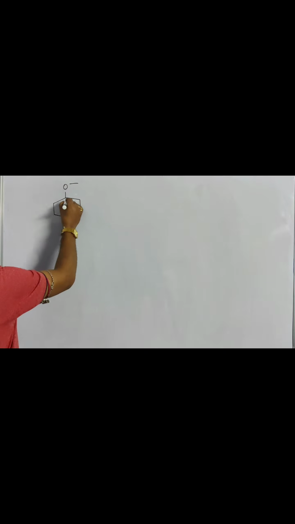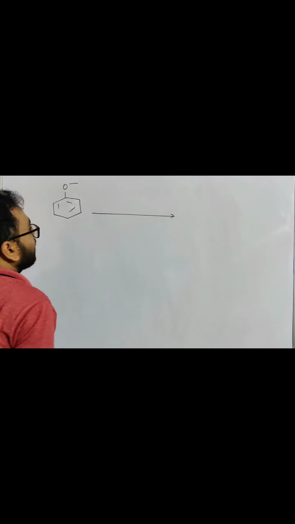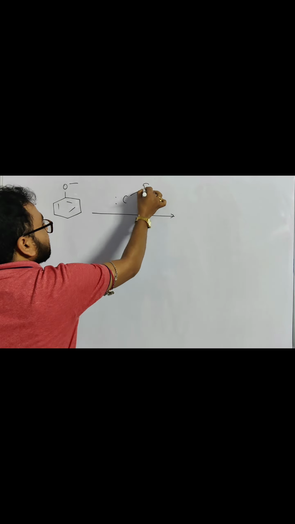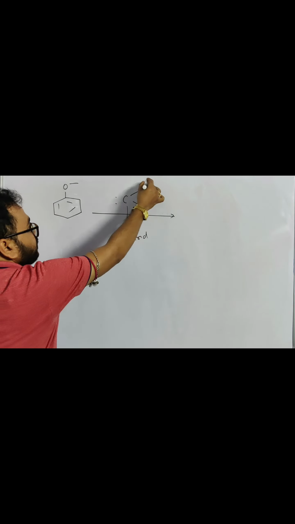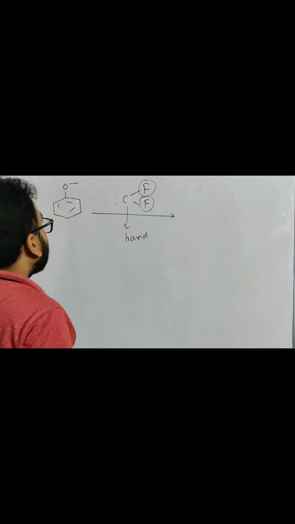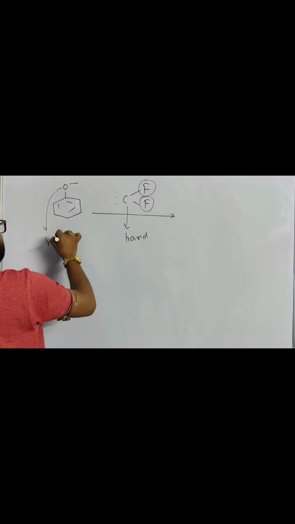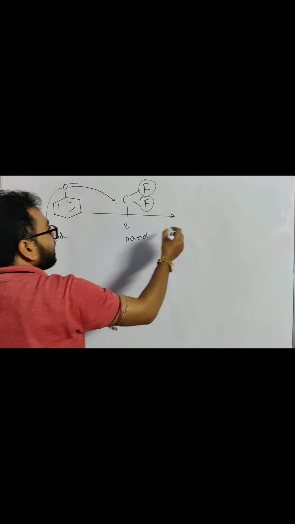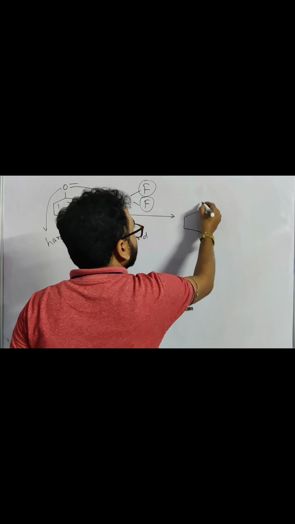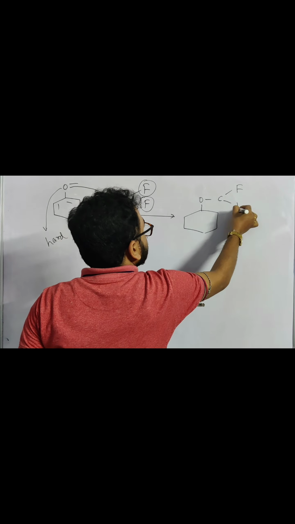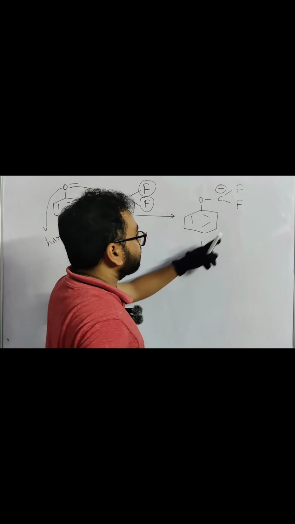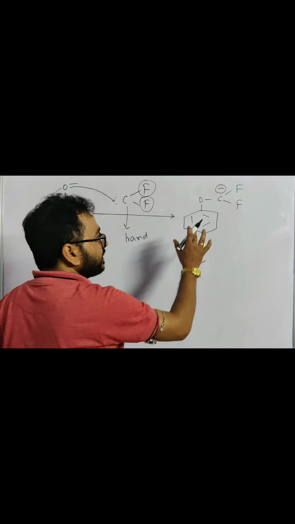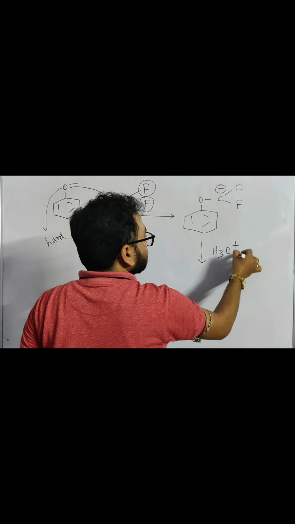Phenol will form phenoxide ion. This is quite obvious. Now this is difluorocarbene. This center is a hard center due to the presence of the fluorine groups, and we know that oxygen is hard, so hard-hard interaction will take place and we will get this compound, this intermediate.